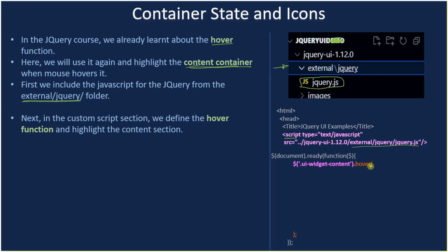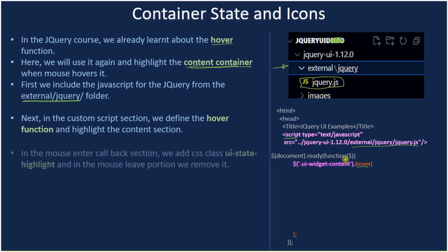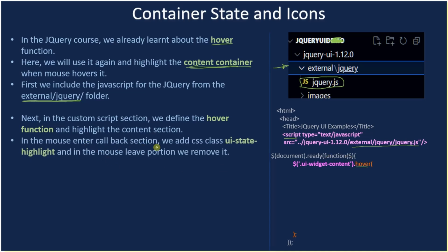After that we are making use of the hover function. In the mouse enter callback section we add the CSS class ui-state-highlight. We picked the element that is marked with the content widget. We are picking all the content widgets, hooking the mouse hover.